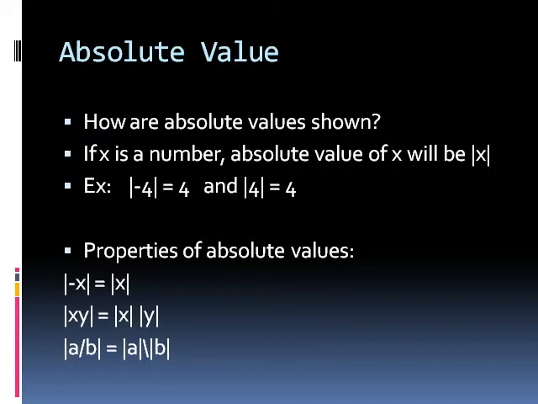The same applies to division, where you have two numbers, a divided by b. The absolute value of this division equals the absolute value of a divided by the absolute value of b.